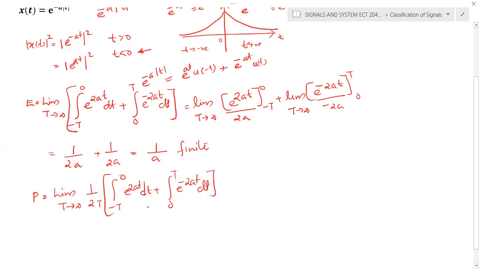If you simplify this equation, 1 by 2T will be here.